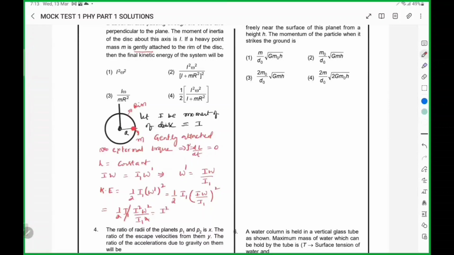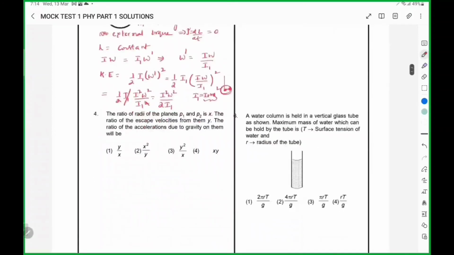So here I square omega square. Here I1 is nothing but, once after placing a heavy point mass at the end, the moment of inertia is that of a disk through the center of mass, and a small mass located at a distance r. Moment of inertia of the system becomes this, then this will be the answer.